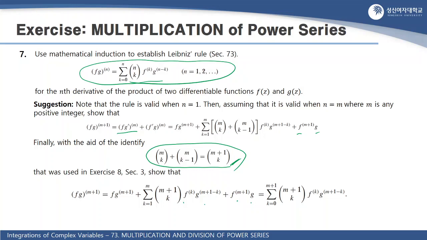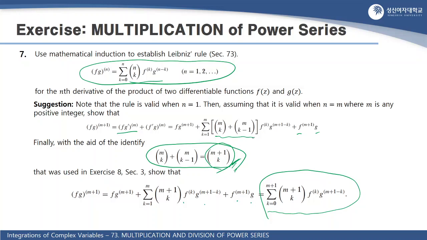So, using this identity here, we get this. This part will be replaced by m plus 1 choose k, because of this identity.